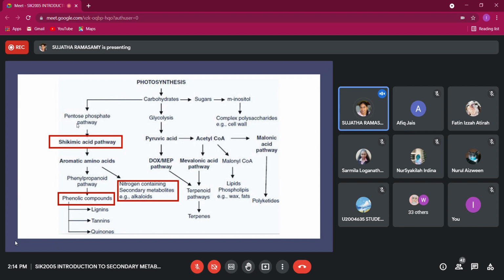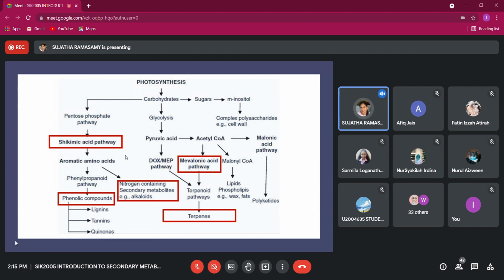The main target in this topic, in this course, is alkaloids. When I say nitrogen containing secondary metabolites, we are focusing on alkaloids. Okay, so this pathway classification according to shikimic acid pathway. And mevalonic acid pathway will produce terpenes.